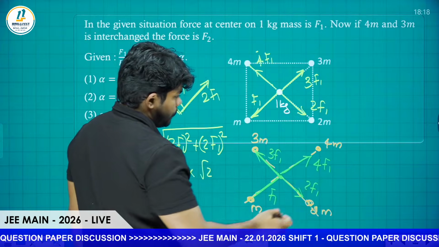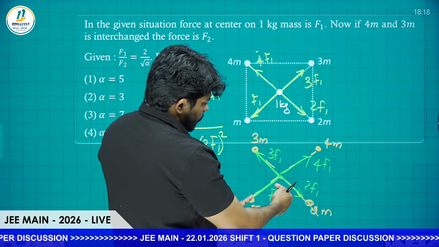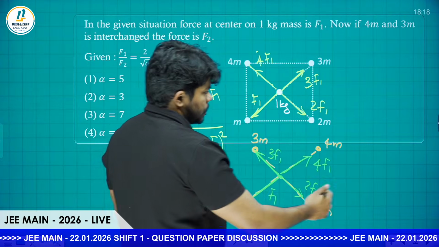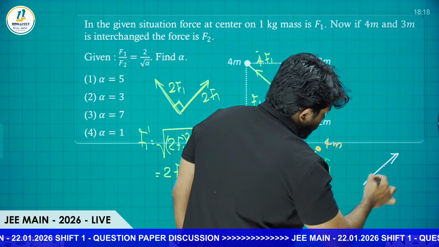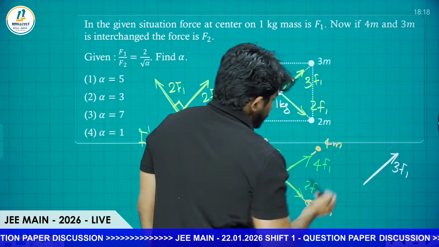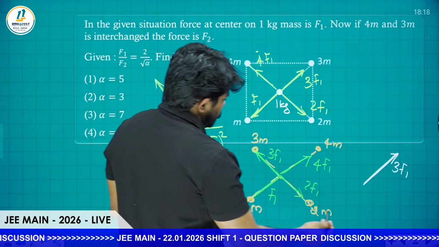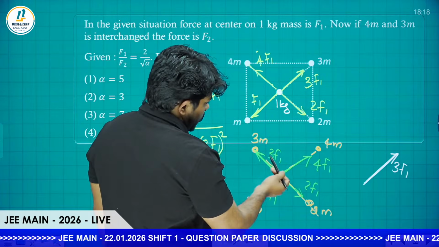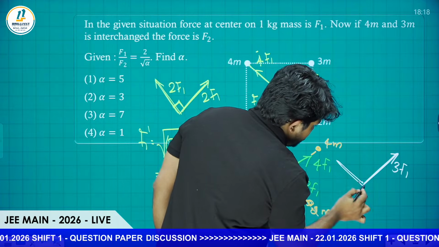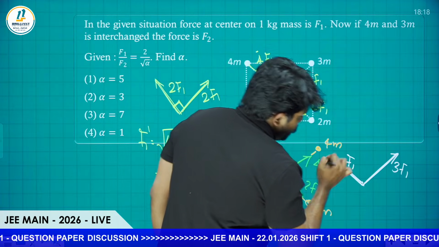Now we can see that there will be a 4F1 in this direction, F1 in the opposite direction. So the net force in this direction will be 3F1, right? What will be the force in this direction? There is a 2F1 and a 3F1 in this direction. So the net force will be 5F1.